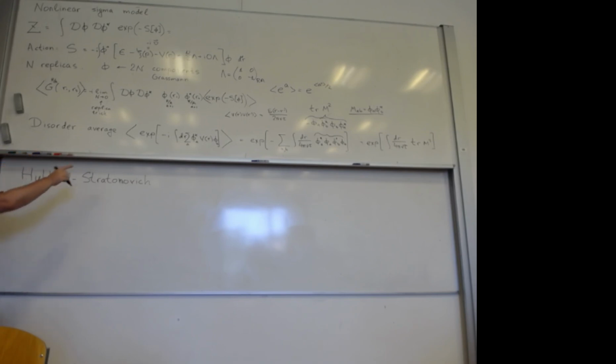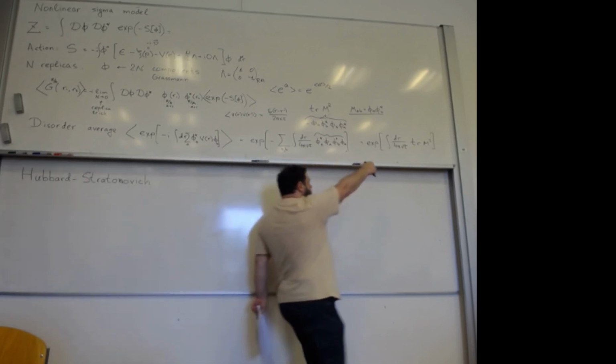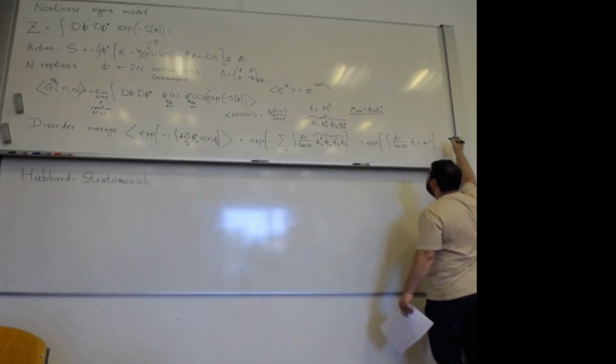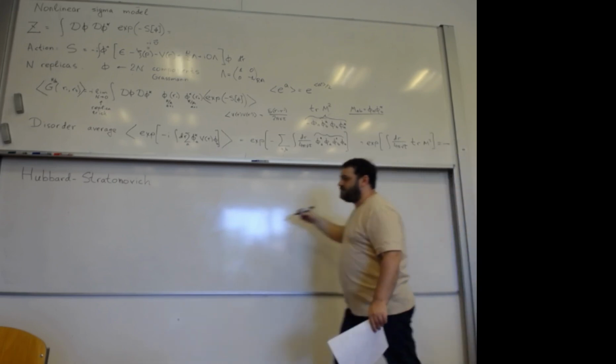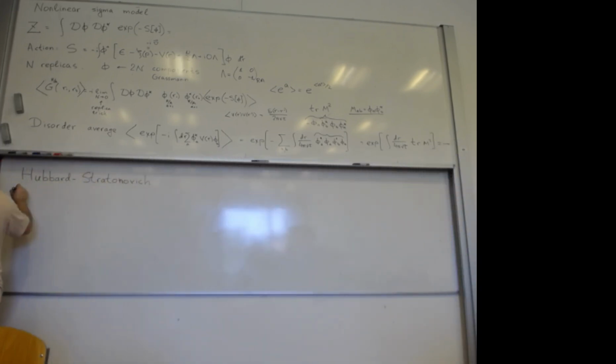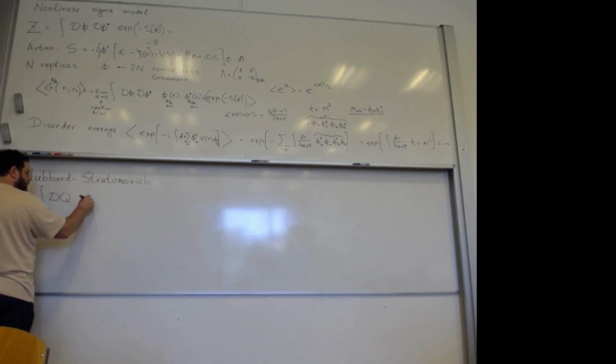I will start with the same exponent I have here, this one. Look, I write equals, and then I continue here. So that exponent over there equals the following thing. I will first write it and then explain. The integral over q of the exponential of what?